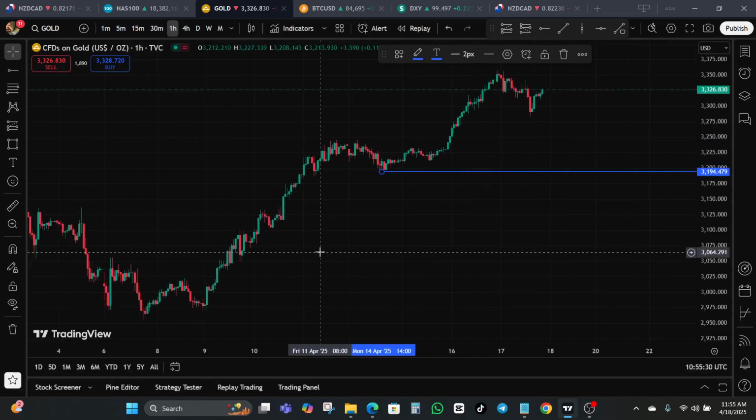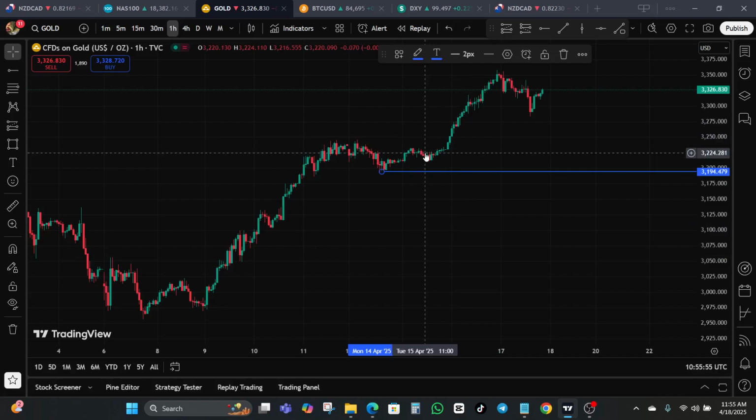So basically, you are looking for a sign that the pullback has ended, and then a trigger to enter a buy in the direction of the trend. These signals give you the confidence to enter with tight stop losses and short targets. Once you spot the retracement, your entry should come on confirmation. Don't chase the move.